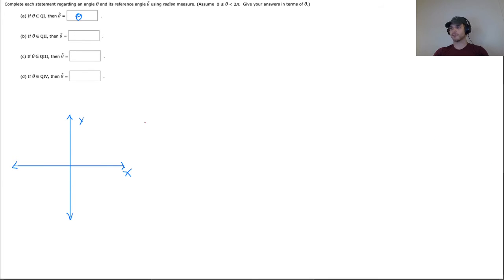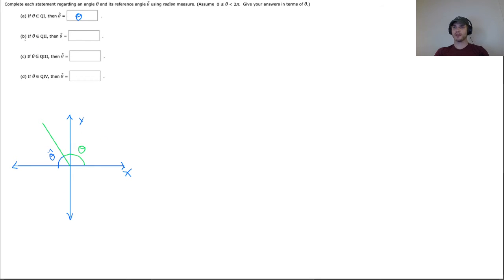So our angle here for part B, theta, is in quadrant 2. So we know it's over here somewhere, but we don't know where. So here's theta. The reference angle for theta will be theta hat, and theta hat will be to the closest x-axis. So this right here is theta hat.